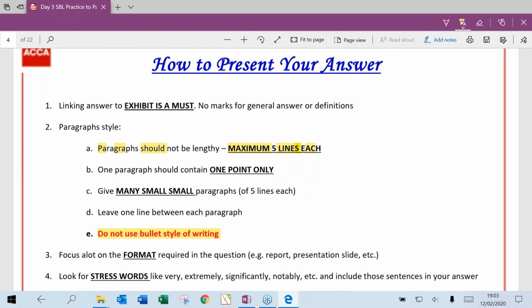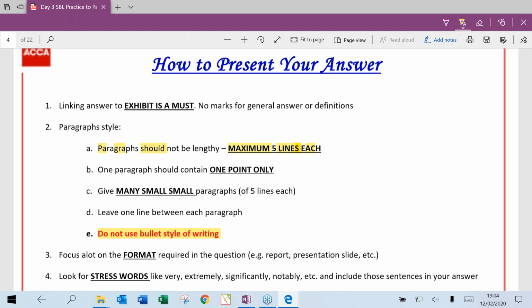And then one paragraph should contain 1 point only. Obviously, if my paragraph size is 5 lines, naturally I would be able to cover 1 point. But students try to squeeze multiple points under one paragraph, and hence their paragraph size crosses 10-15 lines.